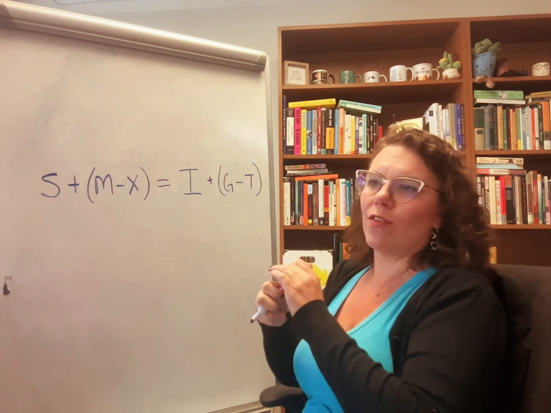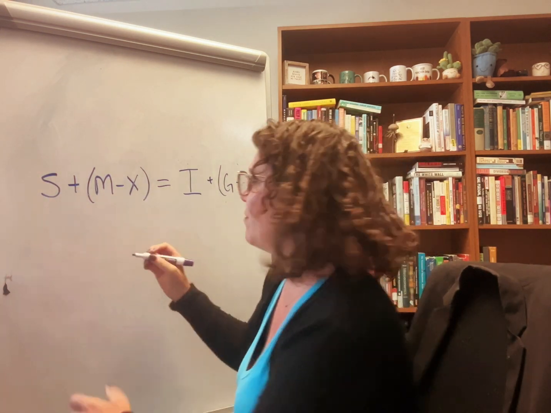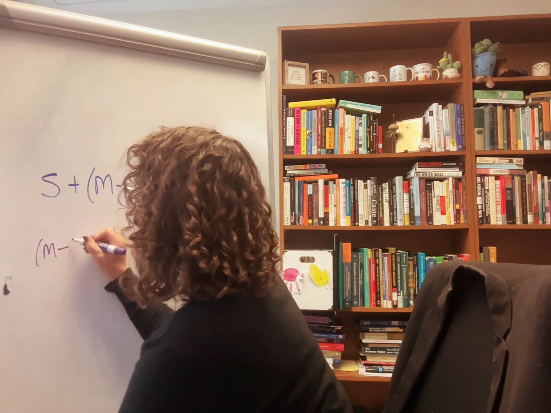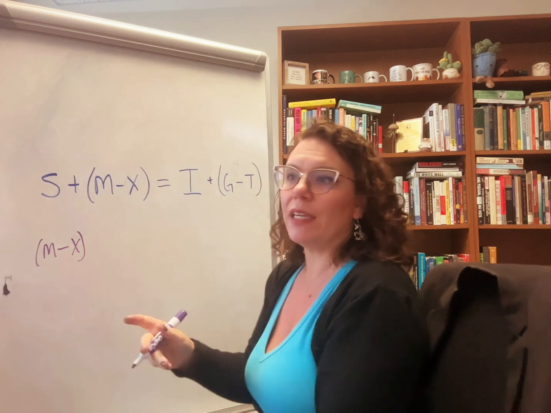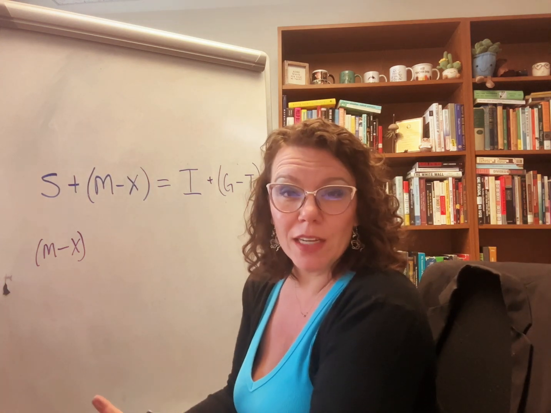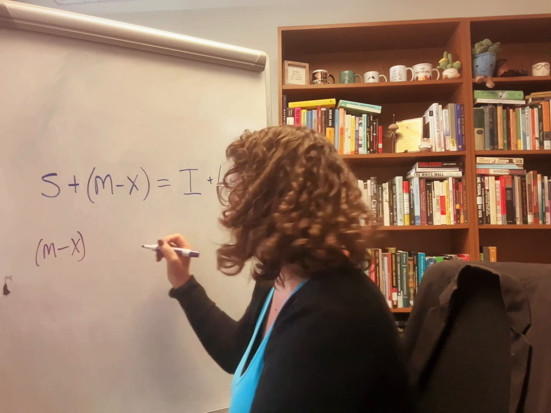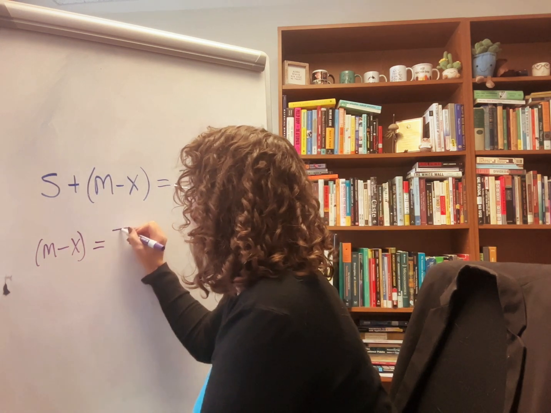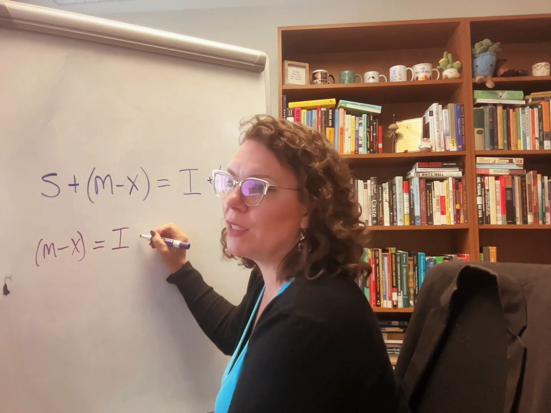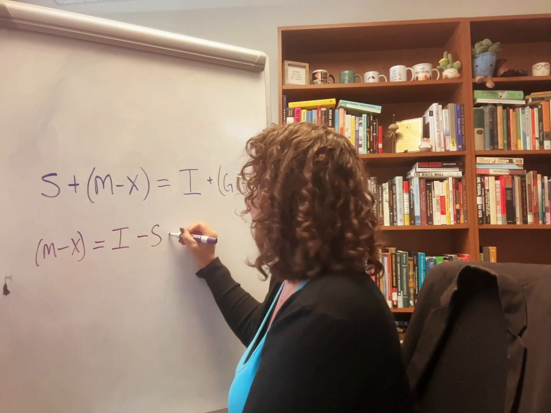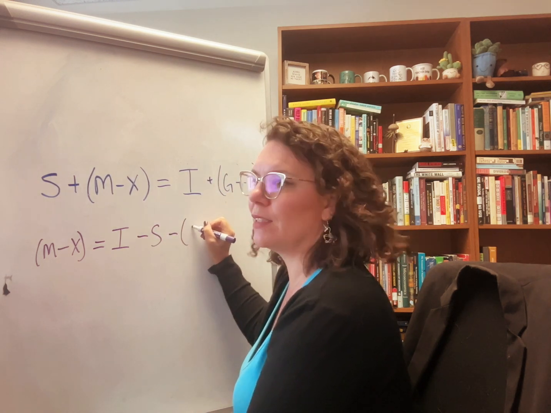So if we have it from the perspective of a trade deficit, then we're going to have our imports minus our exports be negative because we are importing more than we're exporting. But that's going to have to be equal to that private investment minus private savings minus public savings.